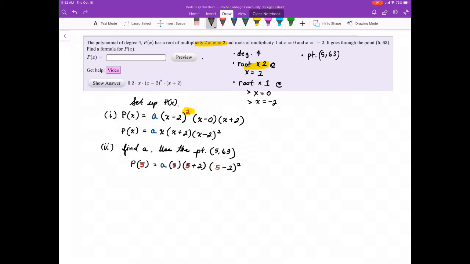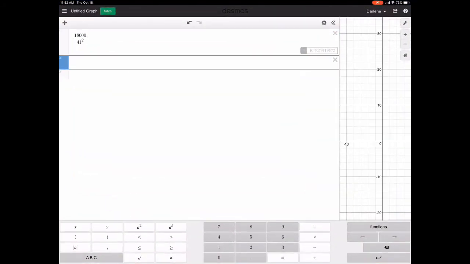P of 5, meaning the y value was 63, so 63 is equal to a times 5 times 7 times 9. So this is 5 times 7 times 9. If we go to our calculator, 5 times 7 times 9 is 315.